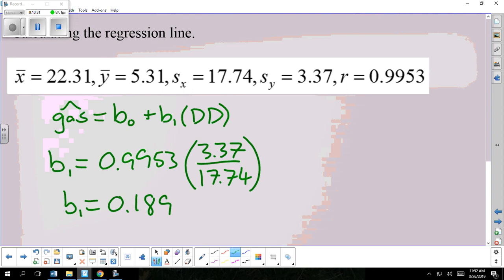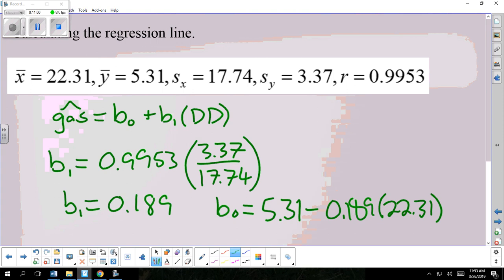Now to calculate B naught, the y-intercept, I'm going to take y bar, the mean of our gas usage, minus, we're going to plug in that slope, times x bar, 22.31.